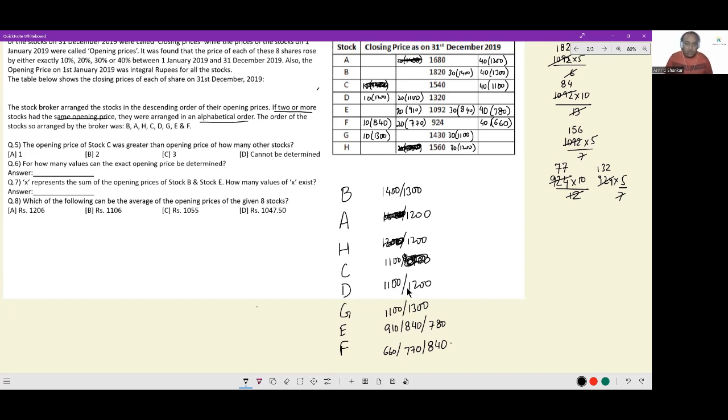Now D also cannot be 1200. It has to be 1100. So there has been a 20% rise in the price of D. G, it cannot be 1300. It has to be 1100. G is 1100. So there has been a 30% rise in the prices of G.